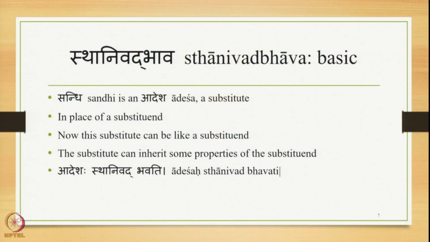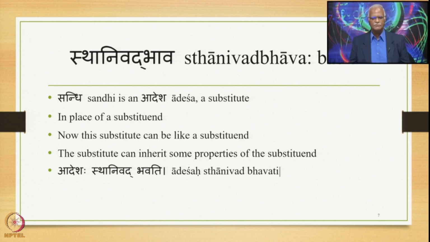What are the basics of Sthanivat Bhava? Sandhi, as we have already studied, is an Adesha or a substitute which comes in place of a substituent. So we have two steps. The first step consists of a substituent and an environment.